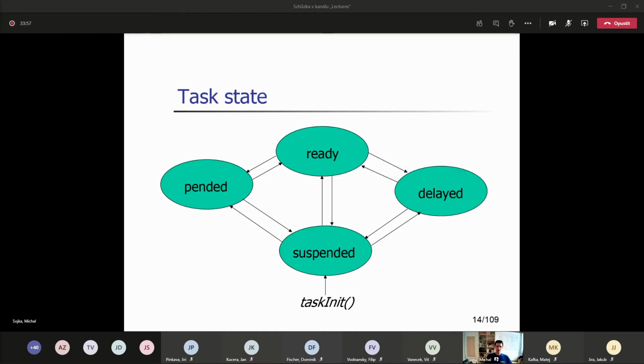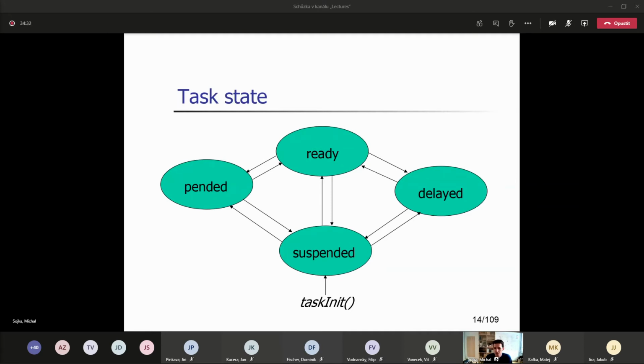Okay, so every operating system has something which is called task states. Each task is in some state, and depending on what happens in the system and what the task does, the state changes. So this is a state diagram of the VxWorks task, and you see that whenever the task is created, it is first created in the suspended state.